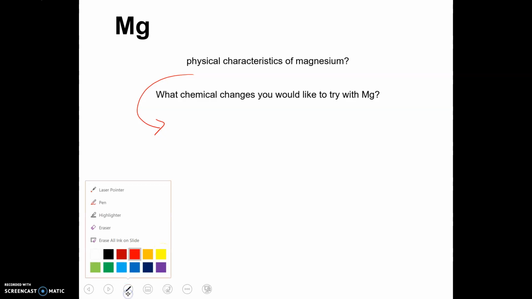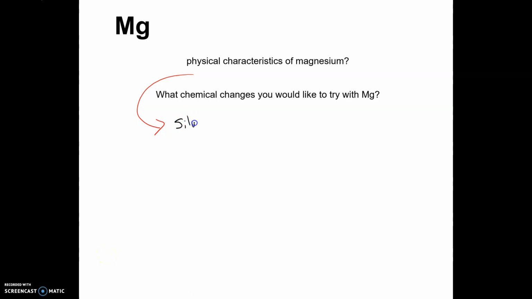All right, so physical characteristics of magnesium. Magnesium is silver. It is a solid. It's ductile. It's a conductor. It's malleable. And it is a metal.